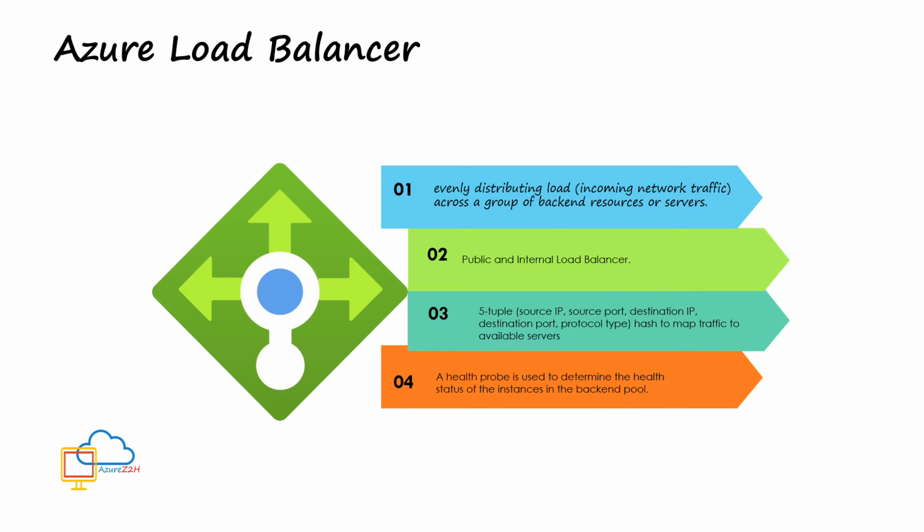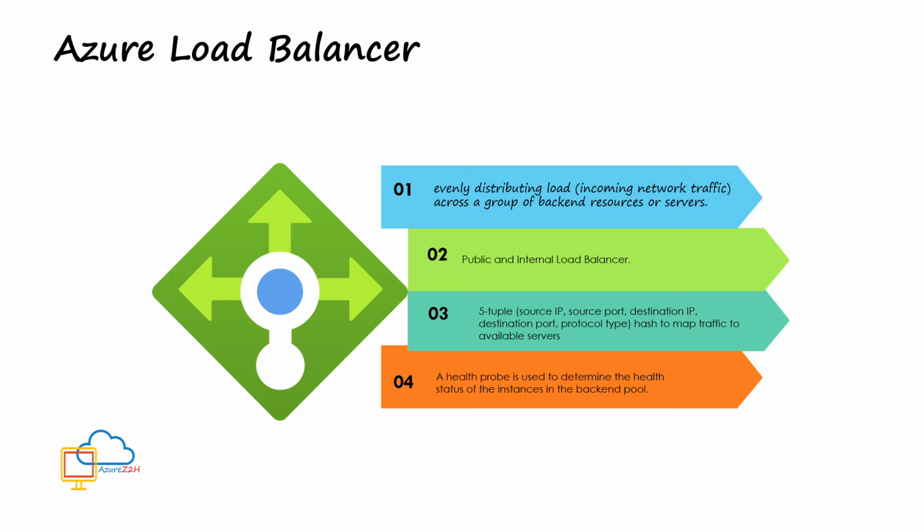Azure Load Balancer is a solution which will distribute your web traffic across multiple backend resources or servers. There are two types of load balancer, public and internal load balancer. We will discuss these two load balancers in detail. Then, load balancer works on 5-tuple hash.